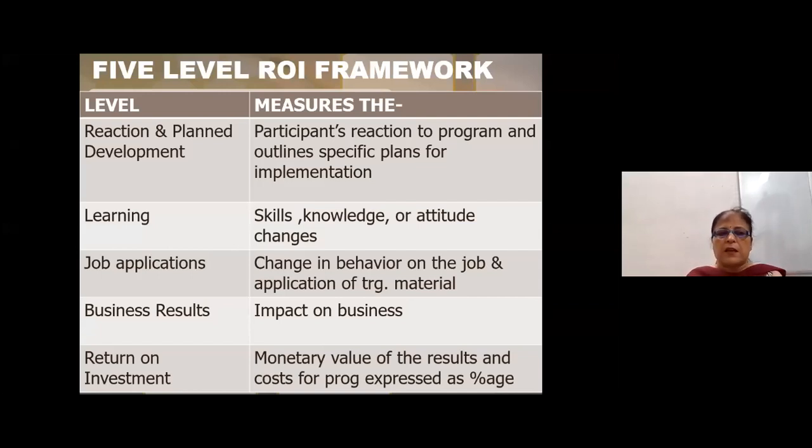Then level 2, that is the learning level, measures the skills, knowledge, or attitude changes. Then level 3 is the job application, and here we measure the change in behavior on the job and application of training material. If you remember, we discussed some of the methods of obtaining information for all these things in one of the sessions earlier.